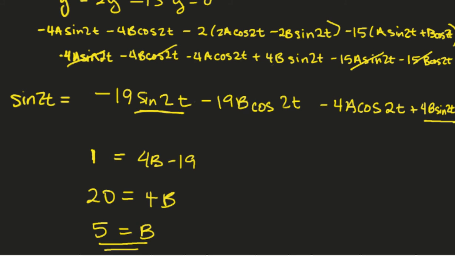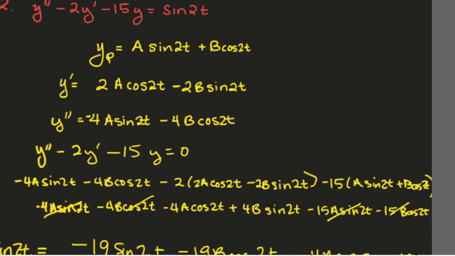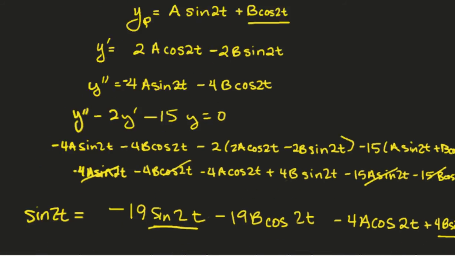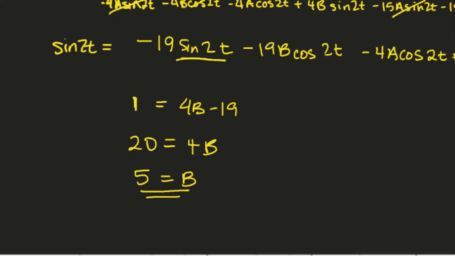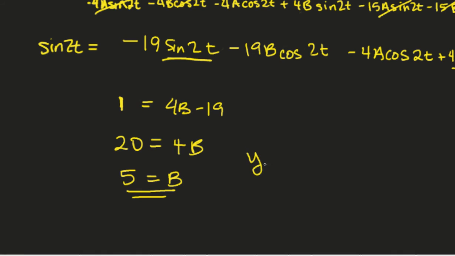So if you come back up here, b was the coefficient of cosine. Even though we started out with a sine term, it looks like our particular solution has cosine. So what would you do for your solution? It would be the homogeneous, which again you could have solved for C1 and C2 given some initial conditions.